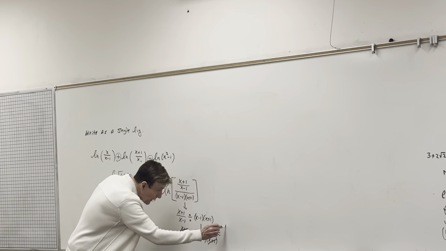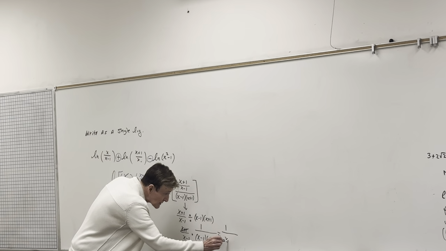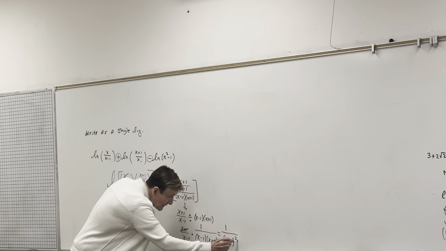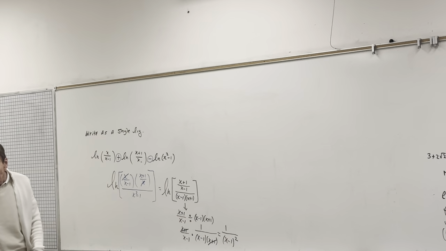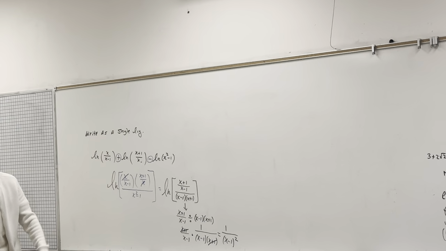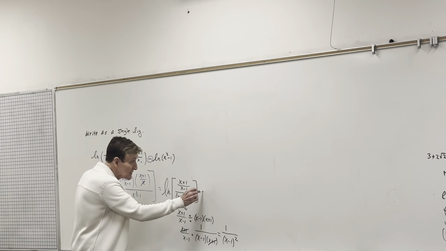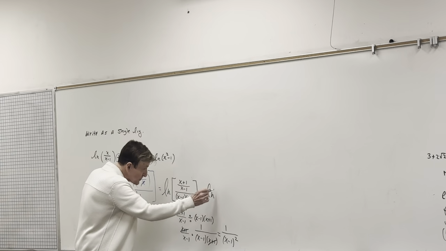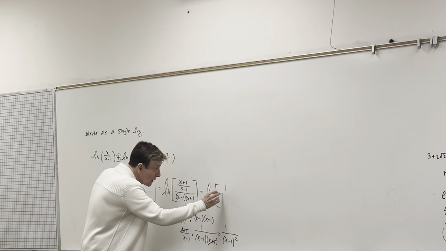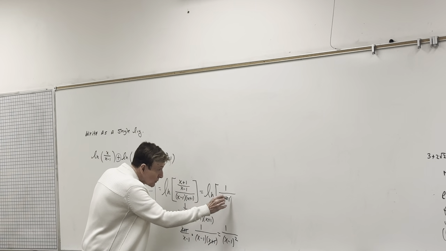I'm left with, at this point, 1 over x minus 1 squared. Would you guys agree? So I did all I had to do, and it looks like this simplified into ln, at this point, 1 over x minus 1 squared.